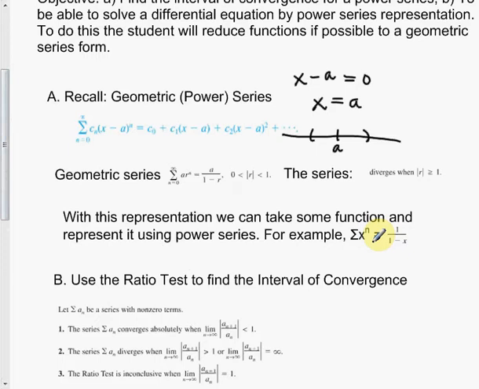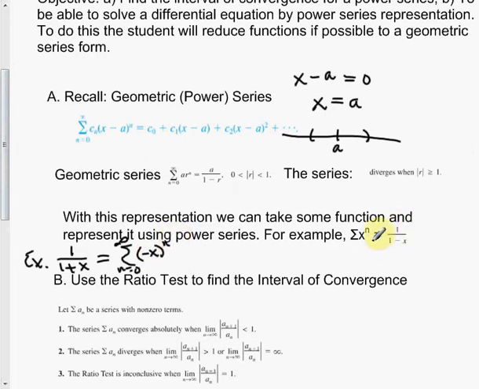So in other words, taking this as the basic model for the summation, if we had 1 over 1 plus x, using this as our model, this becomes a summation as n goes from 0 to infinity of (-x)^n.